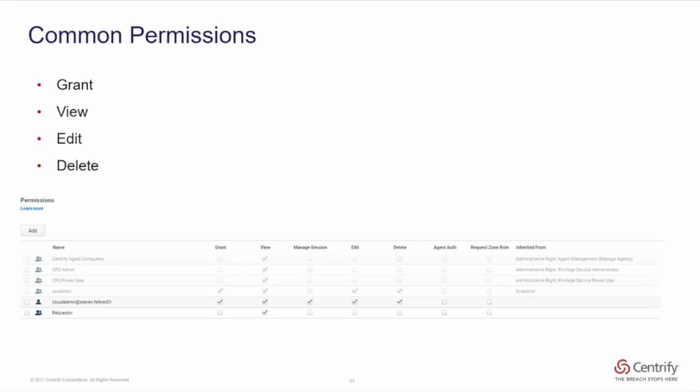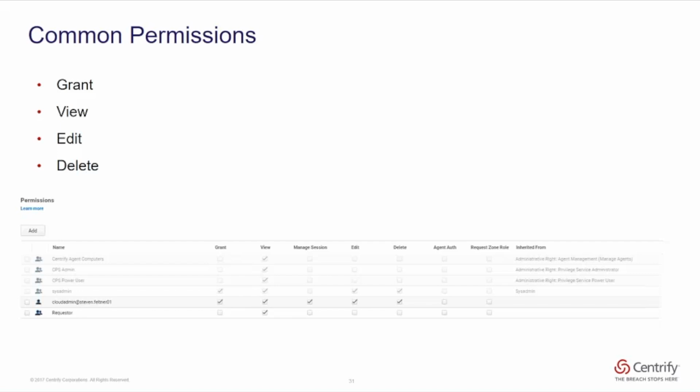So grant specifically will allow you as the user to edit the permissions for a specific system, account, or domain. The view permission allows a user to view the account, system, or domain.